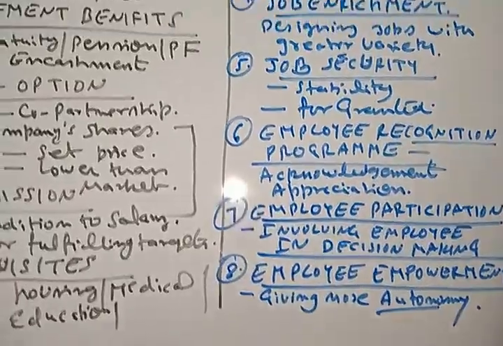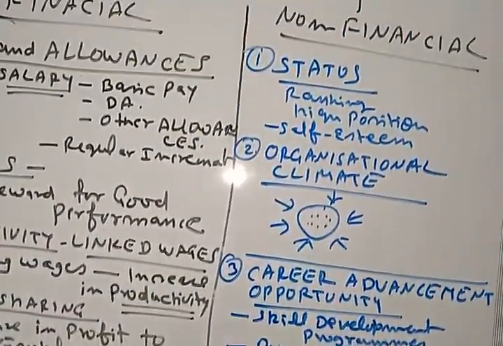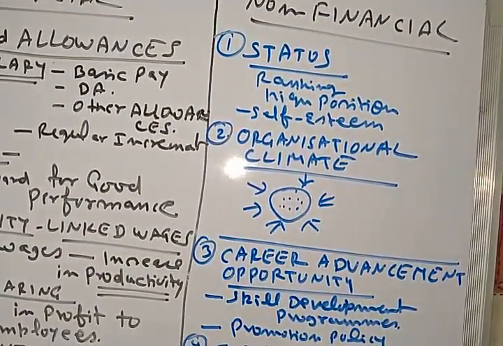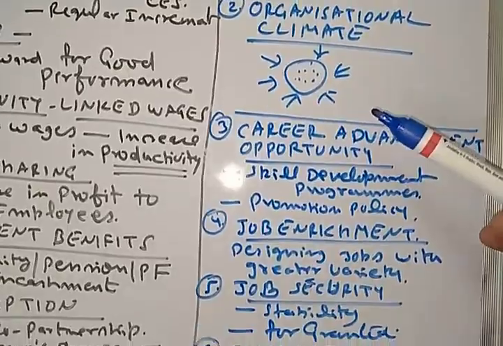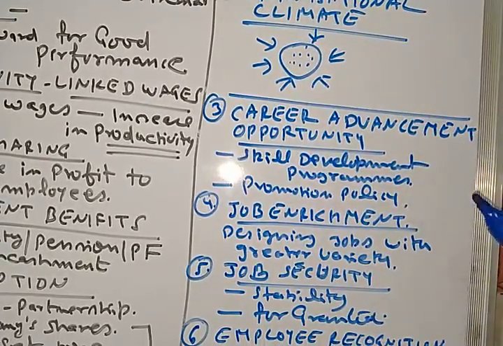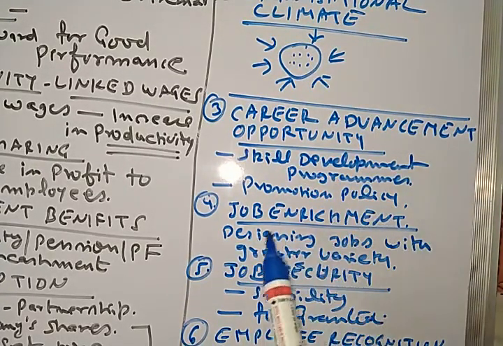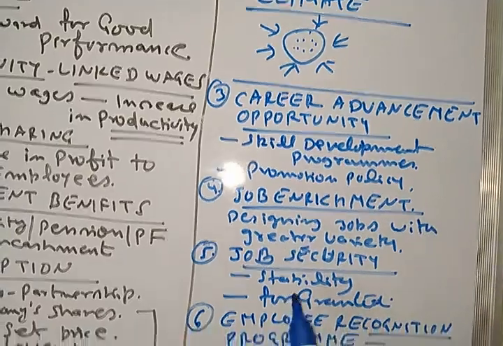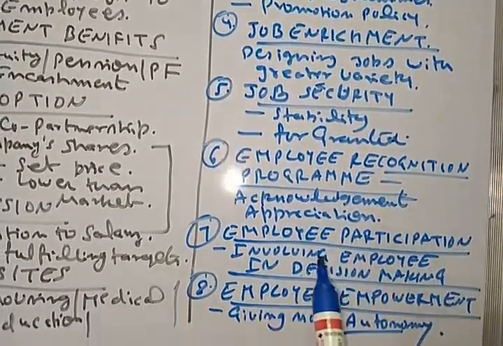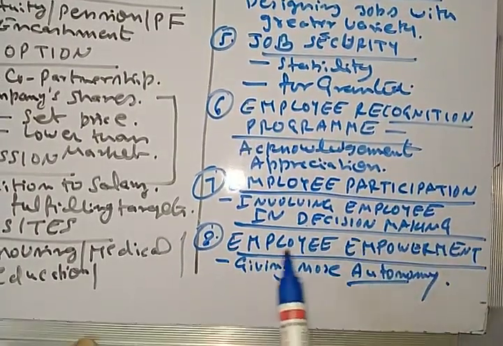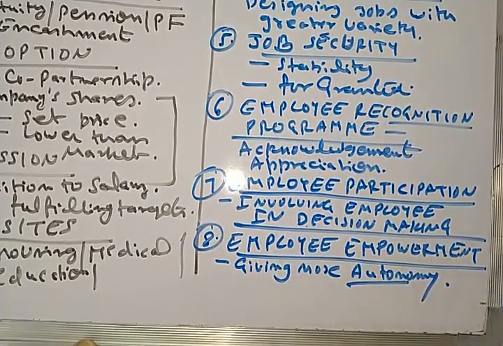So now we have discussed all the non-financial incentives. Let us count them once again: status, organizational climate, career advancement opportunity, job enrichment, job security, employee recognition, employee participation, employee empowerment.